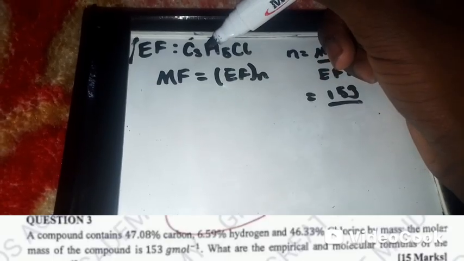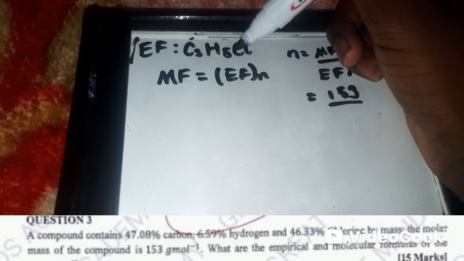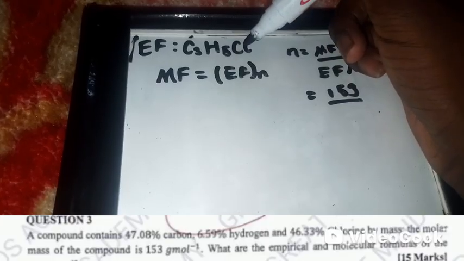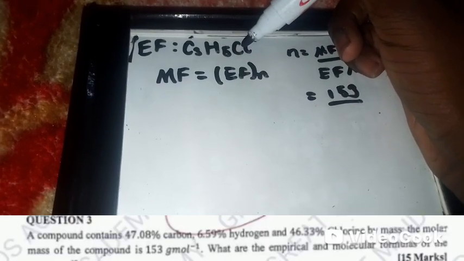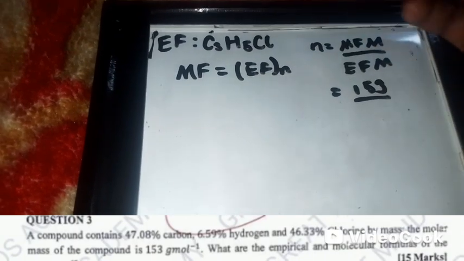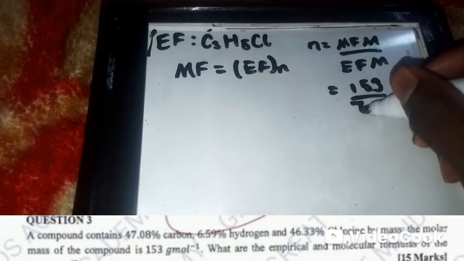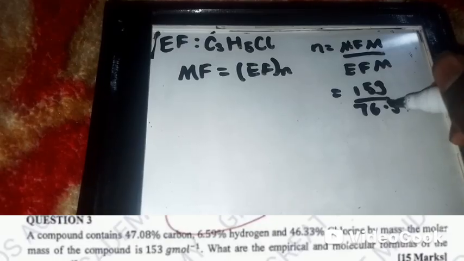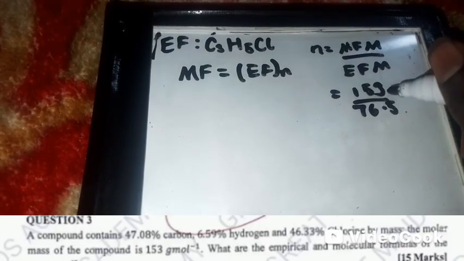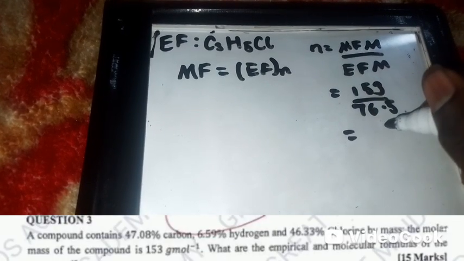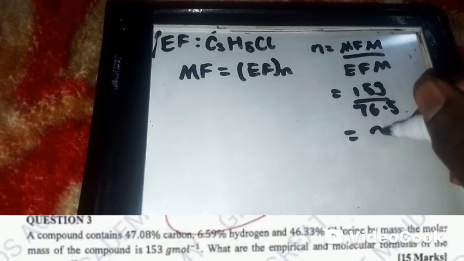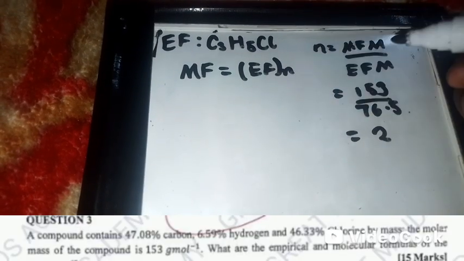So 12 multiplied by 3, and that's going to be added plus 5, and then that's added by 35.5, giving us 76.5. So we're going to divide 153 by 76.5, which is giving us 2. So that's our value for n.